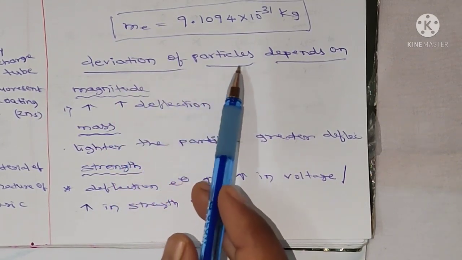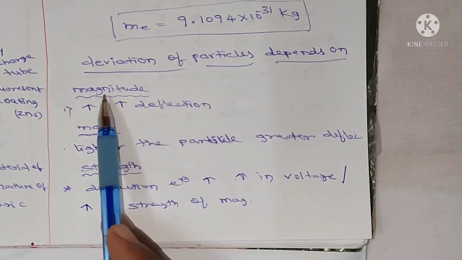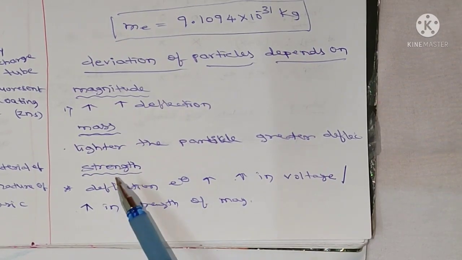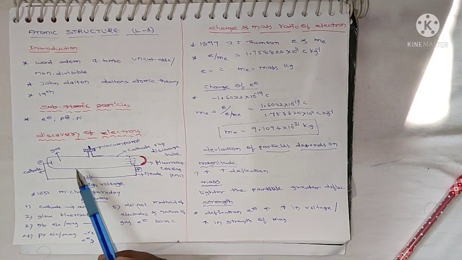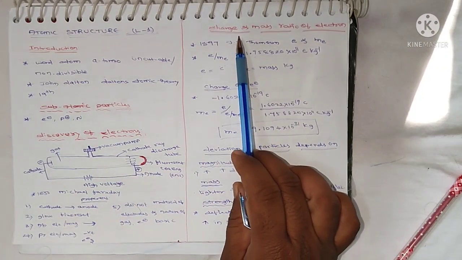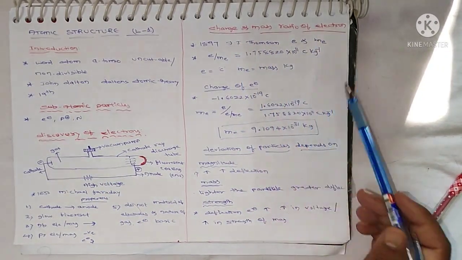So the deviation of particles depends on magnitude, mass and strength. So this is about discovery of electrons and charge and mass ratio of electron.